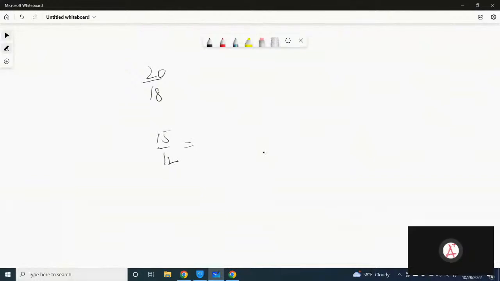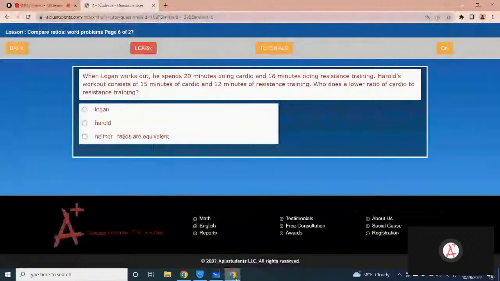So let's see what the values are. 20 over 18 is 1.11, then 15 over 12 is 1.25. So which of them is the smaller one? Logan has the lower one, the smaller one.